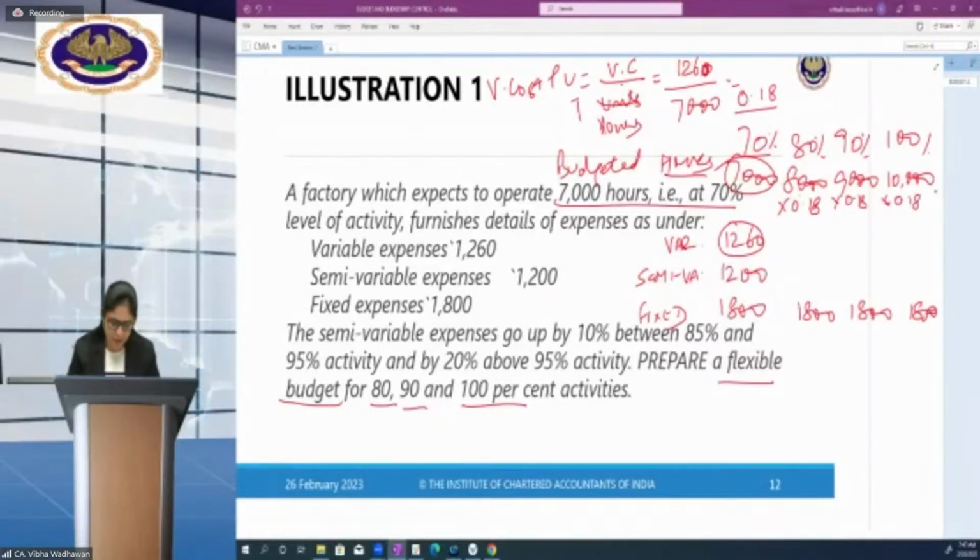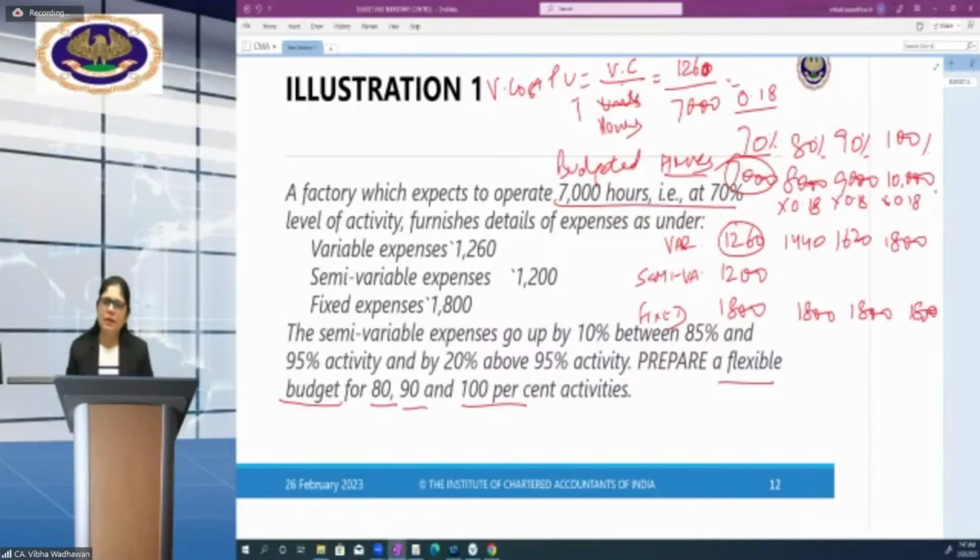Quickly calculate: 1440 for 8,000 hours, for the 80%. For 90%, it will be 1620. And for 10,000, it would be 1,800. All right.